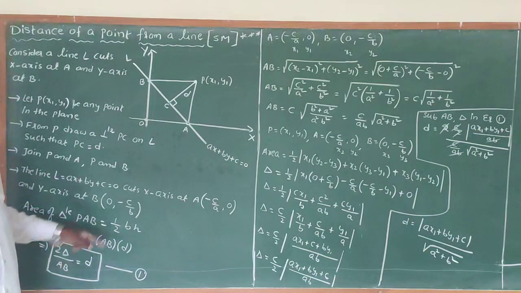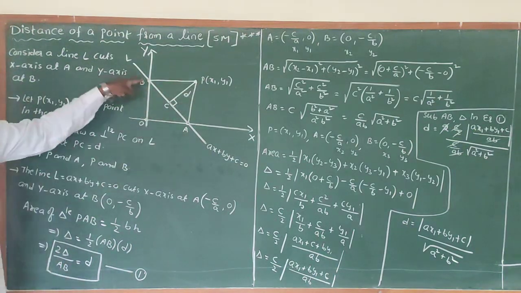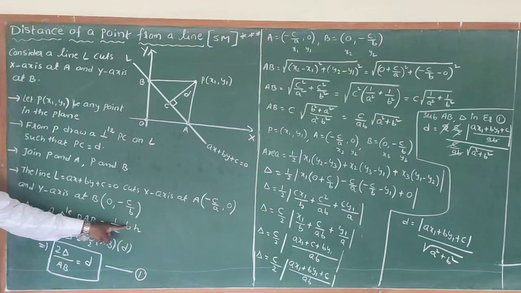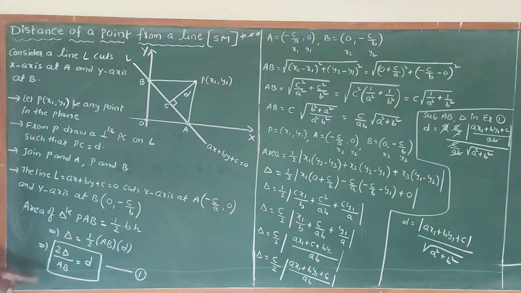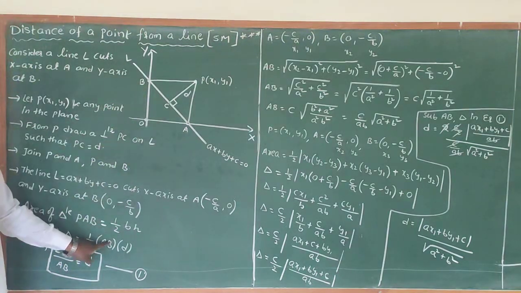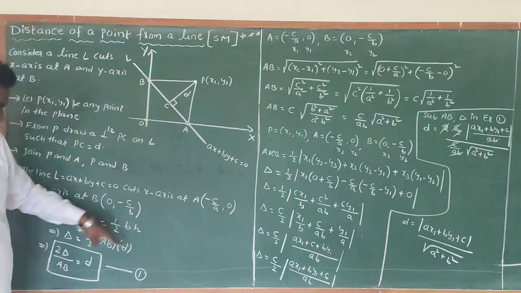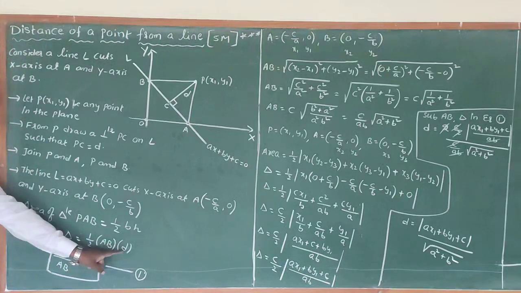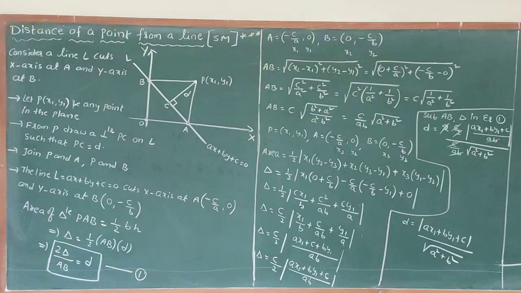Now I am finding the area of the triangle PAB. What is the formula of area of triangle? Half into base into height. Area is denoted by delta, that equals to half into what is the base? AB. What is the height? D. But we required what? Distance. That's why keep D this side, send remaining values that side. 2 into delta, 2 delta by AB, that is nothing but D. So what is the meaning of this step?